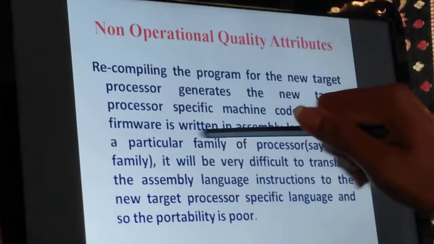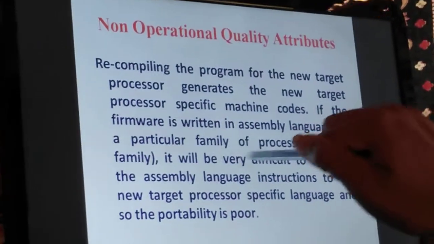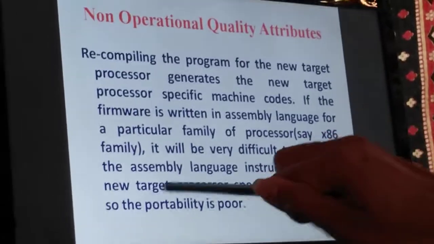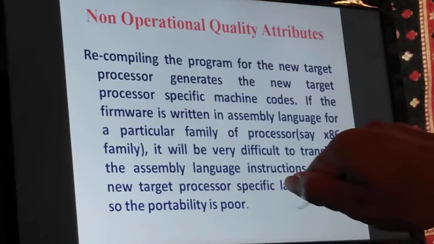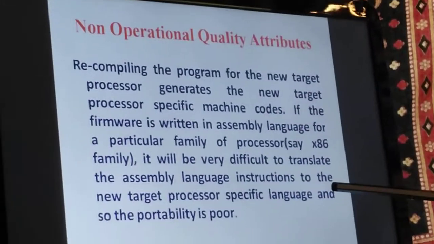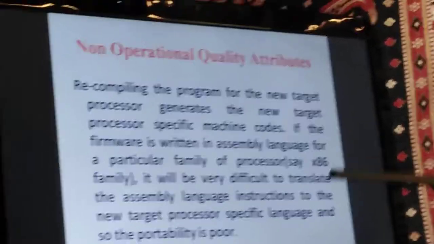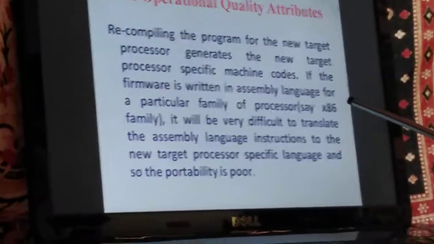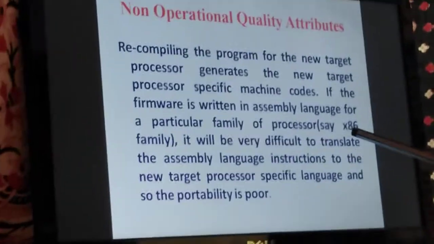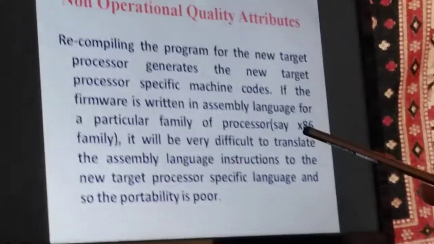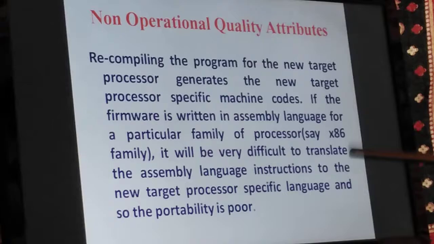If the firmware is written in assembly language for a particular family of processors, it will be very difficult to translate the assembly language instructions to the new target processor specific language, and so portability is very poor. Assembly language instructions are directly tied to that particular processor architecture and the registers available, so portability is difficult if you have written all the software in assembly language.